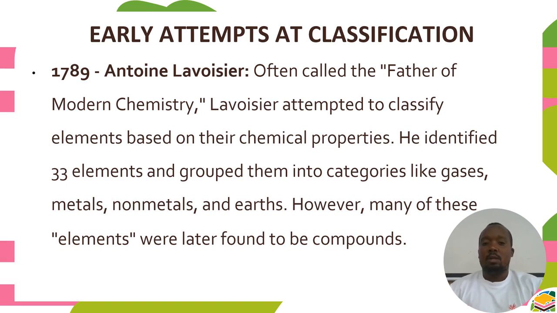So in those days, chemists, physicists, mathematicians, they all attempted to design the periodic table. So it all started in 1789 by Antoine Lavoisier, who is often called the father of modern chemistry.